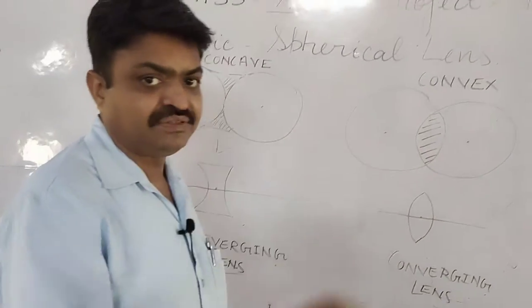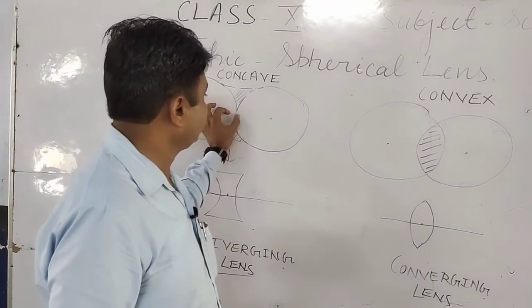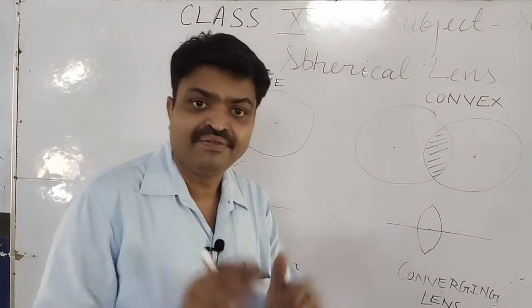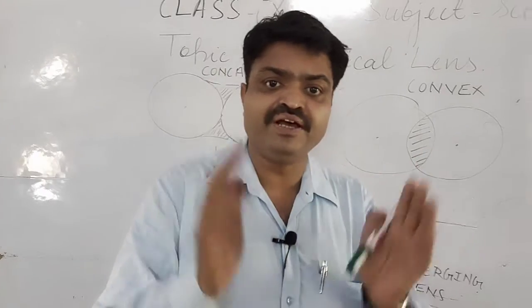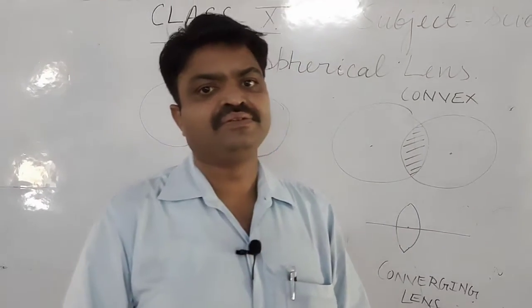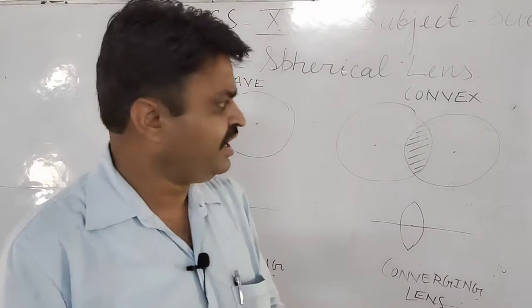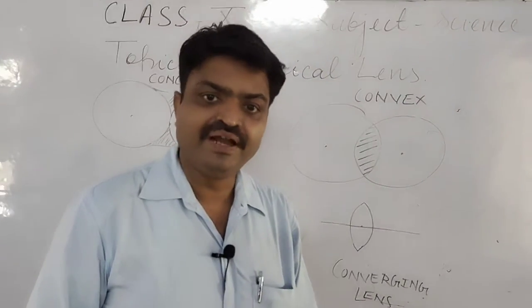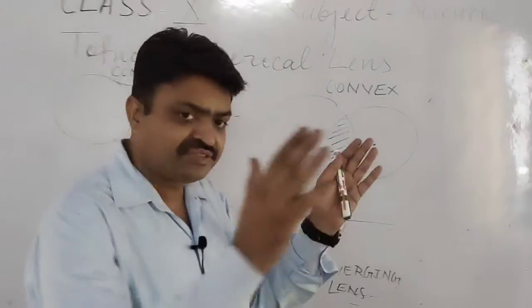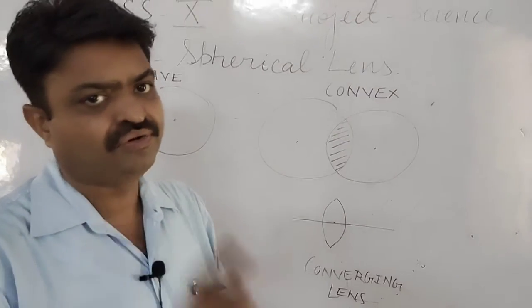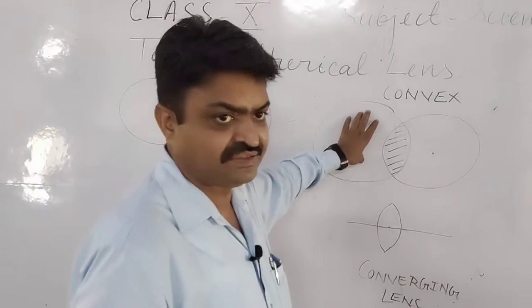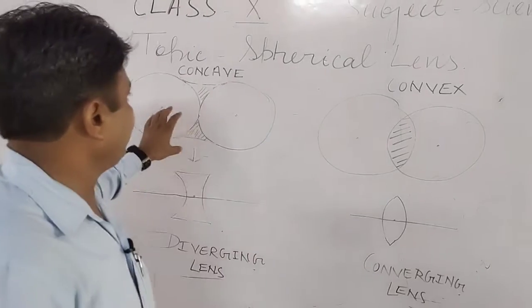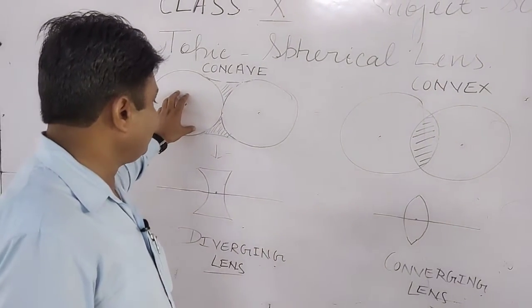The lens that is thin in the middle and thick at the edges is known as a concave lens, and the lens that is thick in the middle and thin at the edges is known as a convex lens.